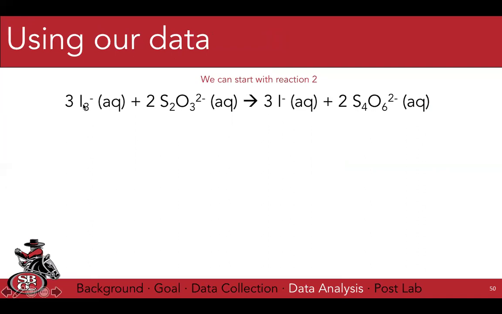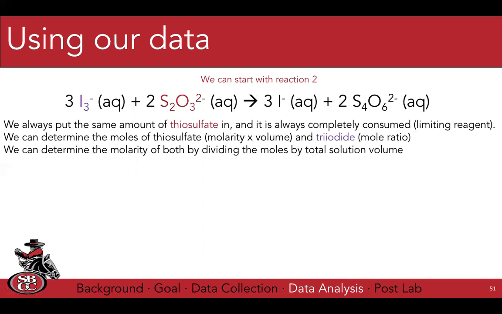So triiodide is being fed into thiosulfate and making this iodide, which is non-reactive with the starch. So we always put the same amount of thiosulfate in, right? This one. So it's always completely consumed. It's the limiting reagent. Then because of that, we know the molarity, we know the volume, we can determine the moles of thiosulfate, that's molarity times volume.